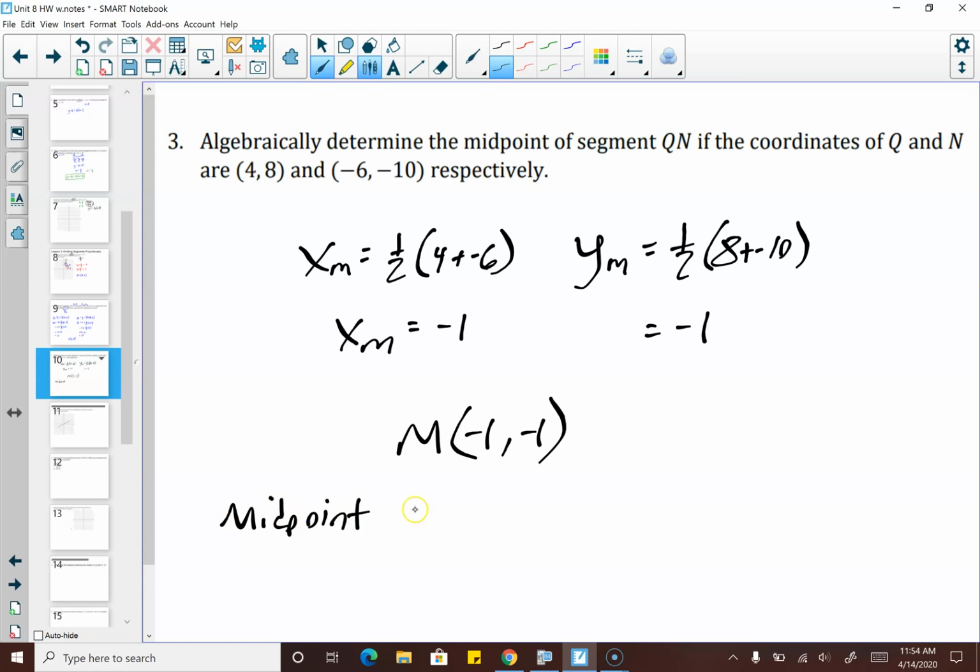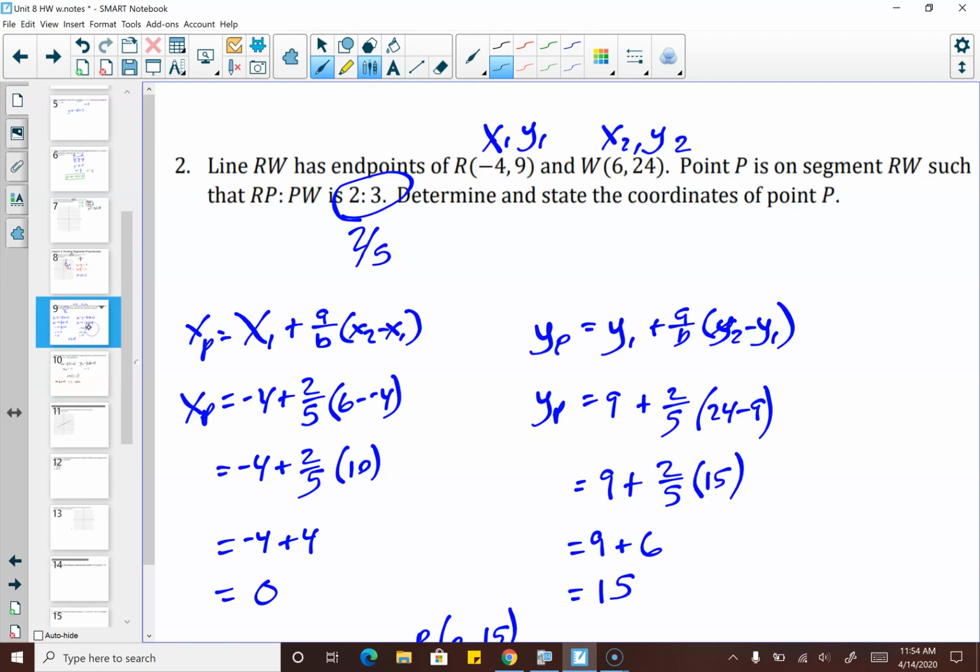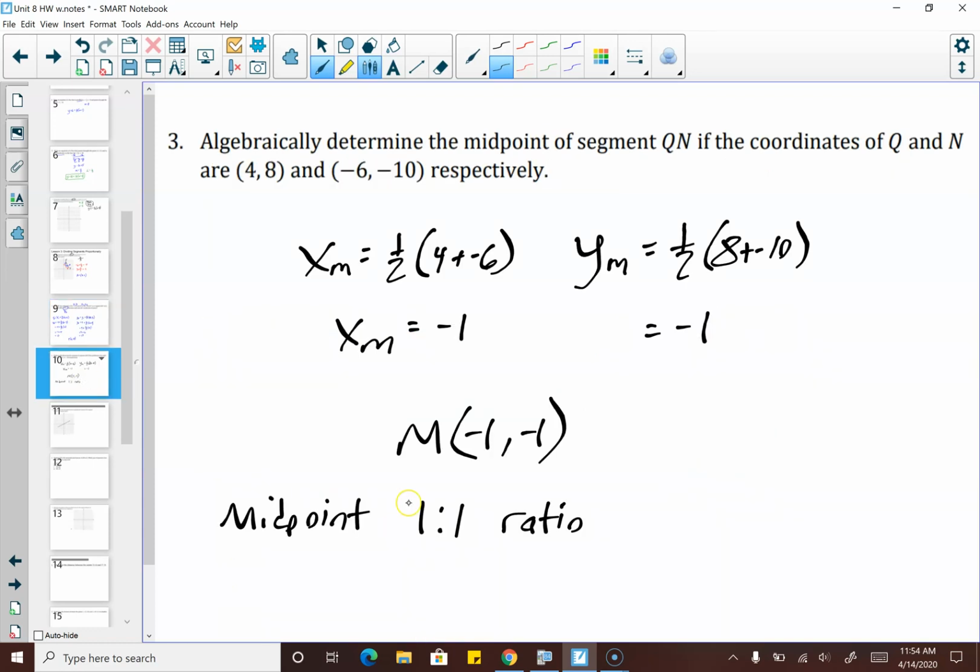Midpoint is basically a 1-to-1 ratio. So if you wanted to use the same formula that we used in the previous problem with the XP and the YP, you can do that for midpoint. Just recognize that a midpoint is a 1-to-1 ratio, which is where you get your 1/2 fraction that you would use.